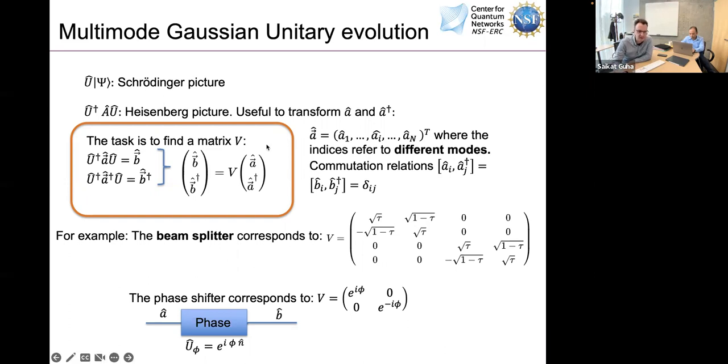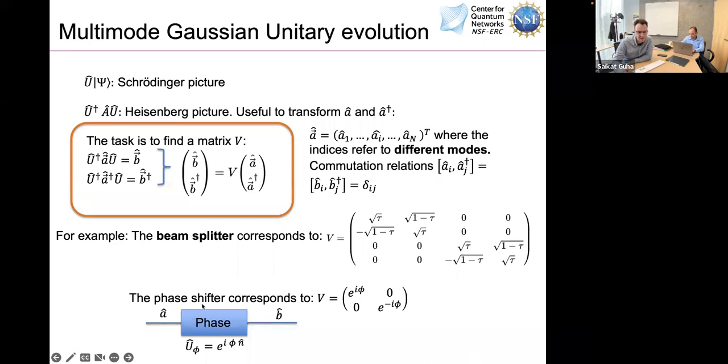For example, in this kind of language, I can write the Heisenberg matrix of a beam splitter, let's call it V, exactly like that. If you now take V and multiply the vector a1, a2, a1 dagger, a2 dagger, you will retrieve the equations I had in the previous slides and Saikat had in his own slides.